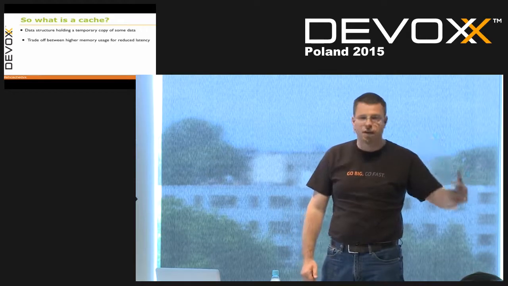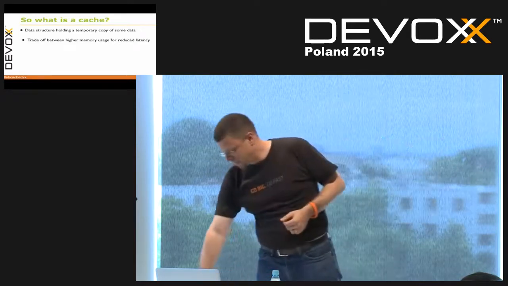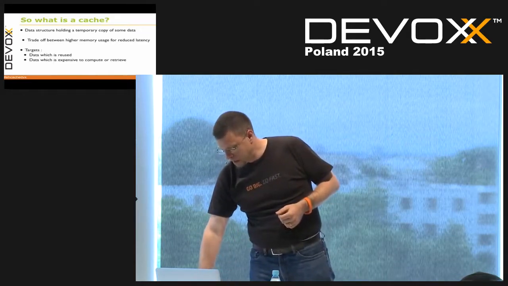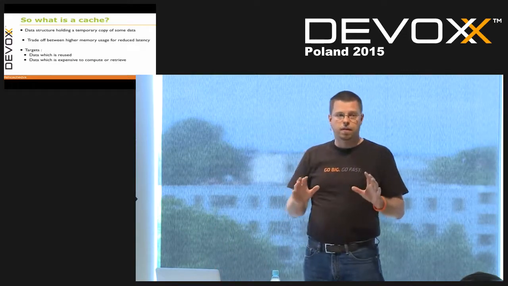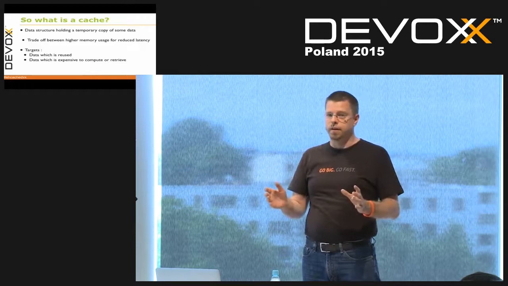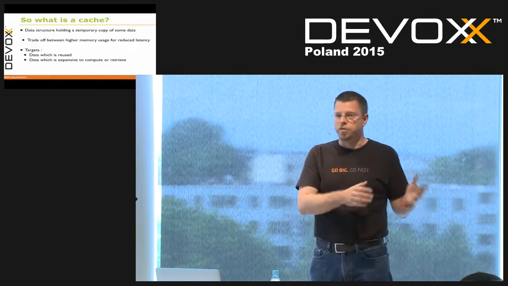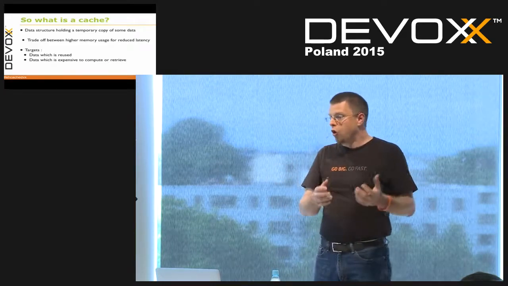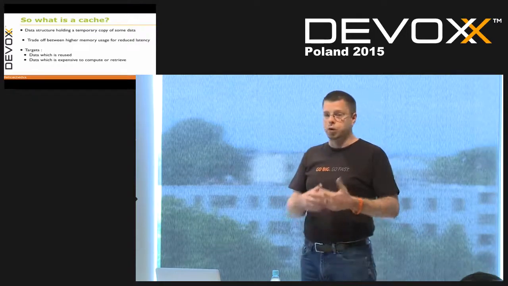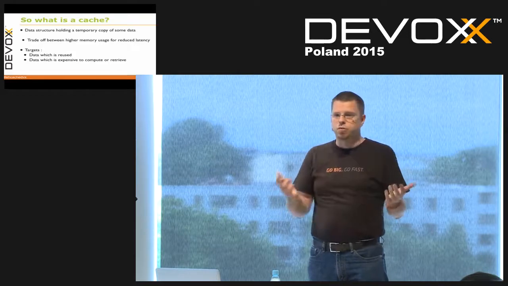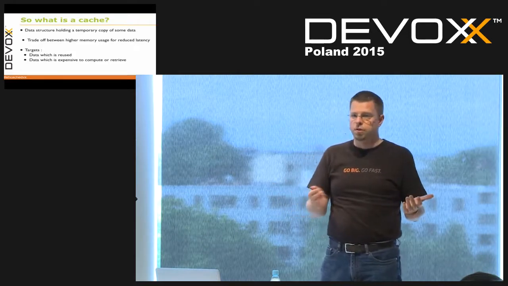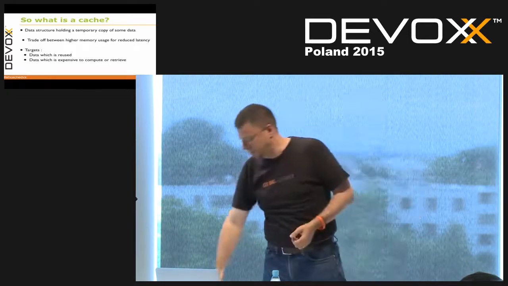You don't have to fetch the data on disk. Which means it targets specific data. You better have to reuse that data, otherwise the memory trade-off is for nothing, or the data should be expensive to compute or retrieve. Probably not worth caching the result of a basic math operation, because the CPU might be faster at giving it to you.